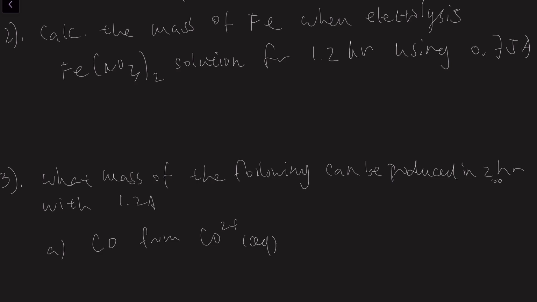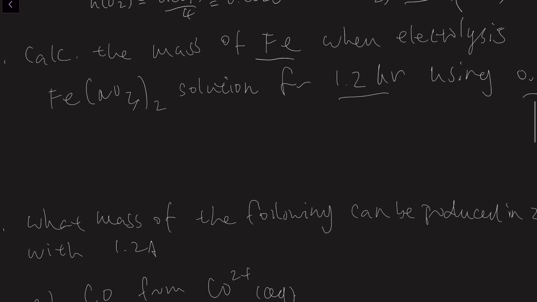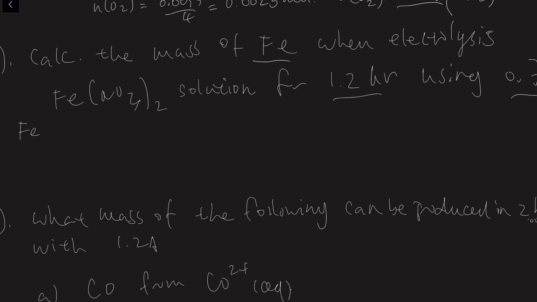Calculate the mass of iron produced when we electrolyze this solution for 1.2 hours using 0.75 amps. So now let's look at it. The first step is always to establish the chemical reaction you are doing.